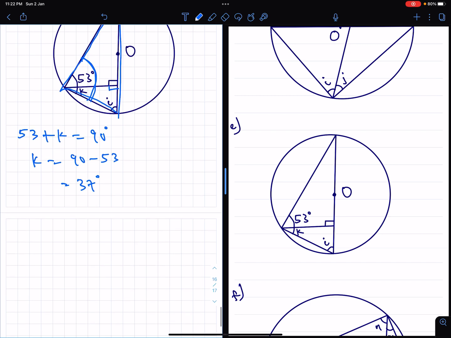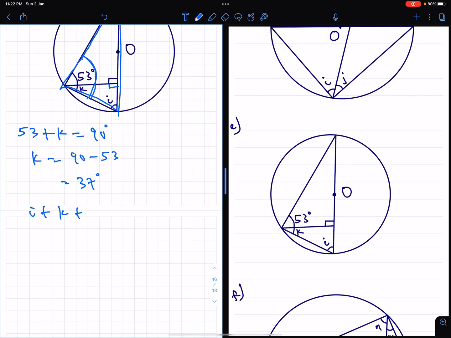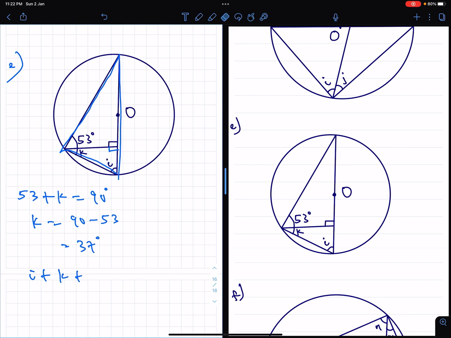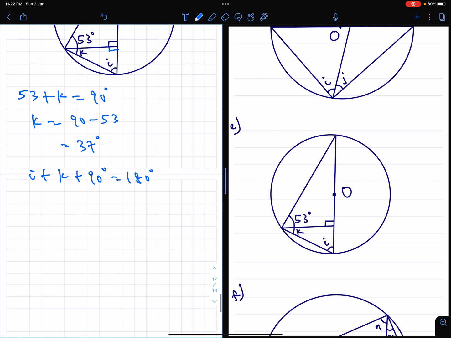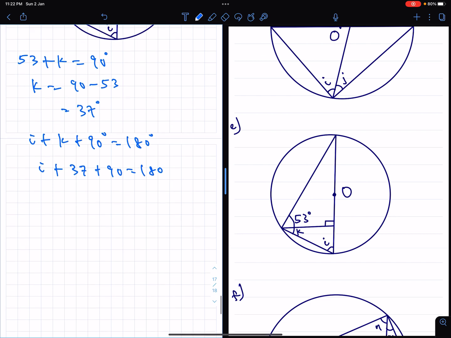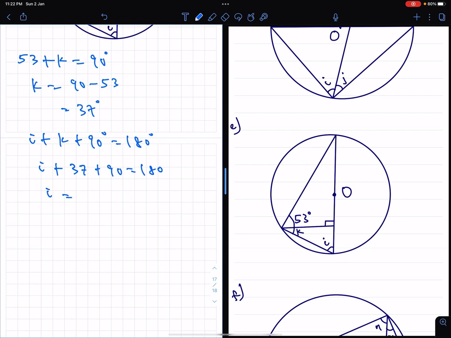Now that we know k, I can find I. I plus k plus 90 equals 180 degrees, and that means I plus 37 plus 90 equals 180, which means I equals 180 minus 127.